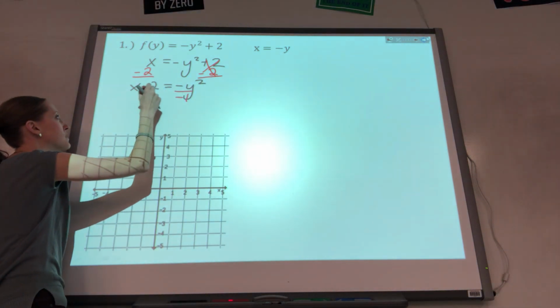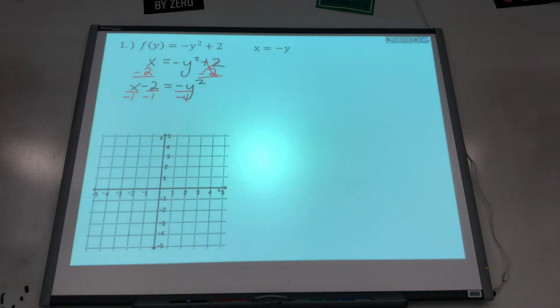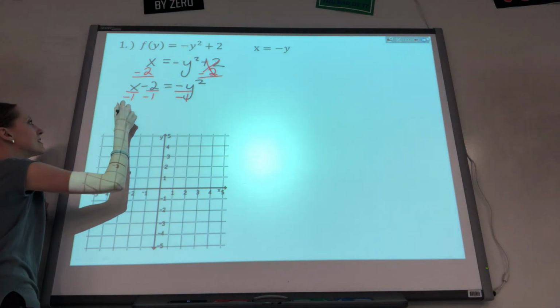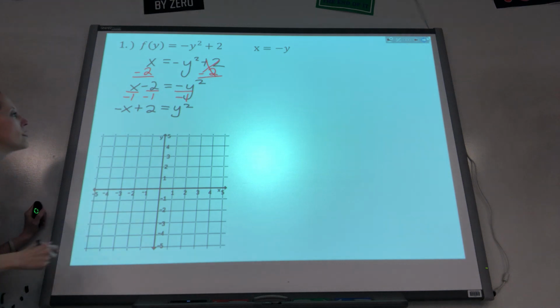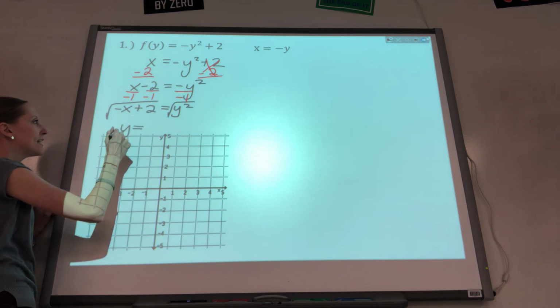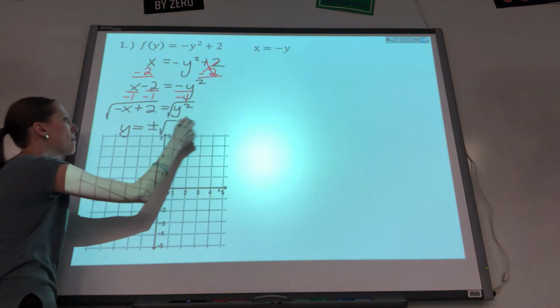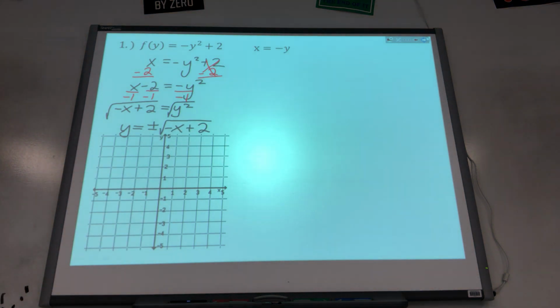And I will have to square root eventually, but I kind of want to get rid of that negative first. This is now negative x plus 2 equals positive y squared. So square root both sides. You will need to put a plus or minus down.